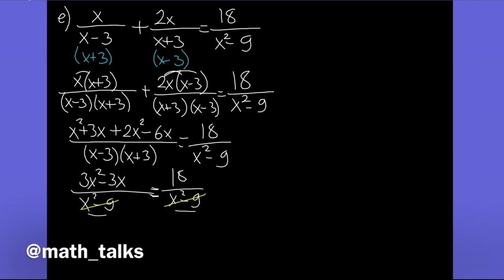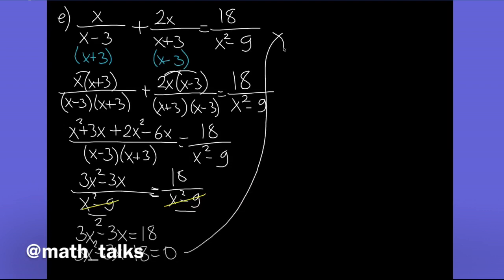So what's left here? 3x squared minus 3x equals 18. Move it to the left side: 3x squared minus 3x minus 18 equals 0.